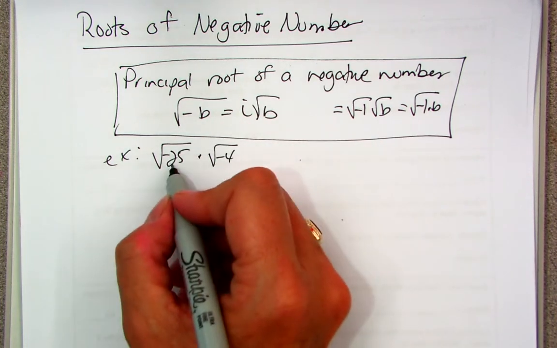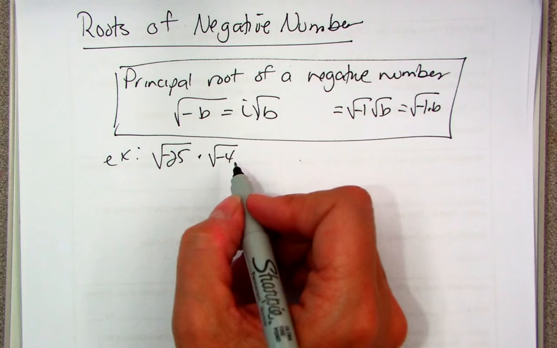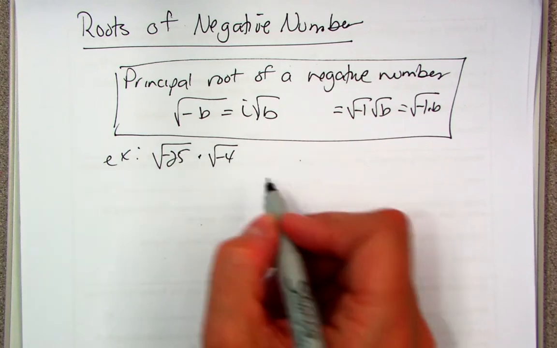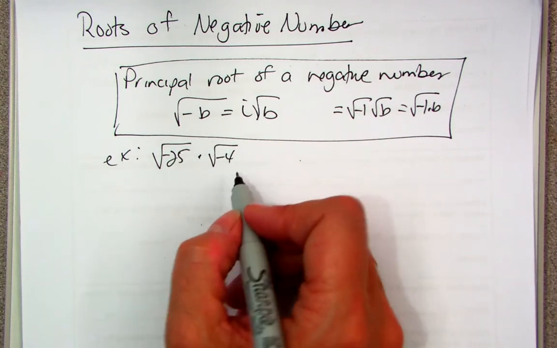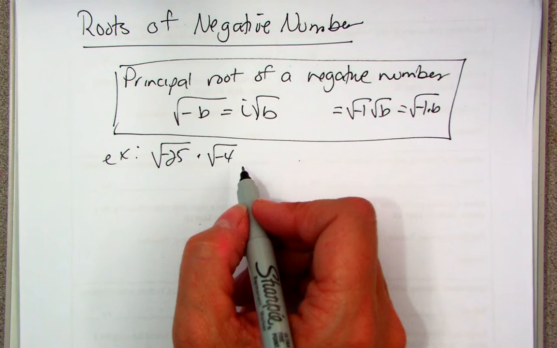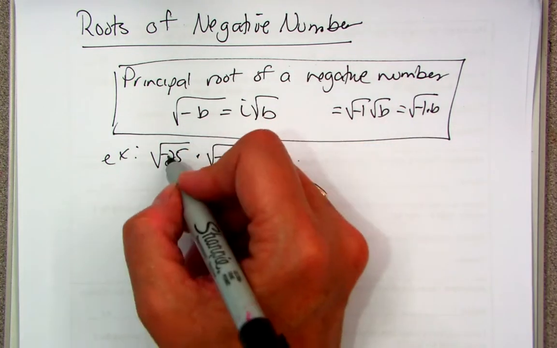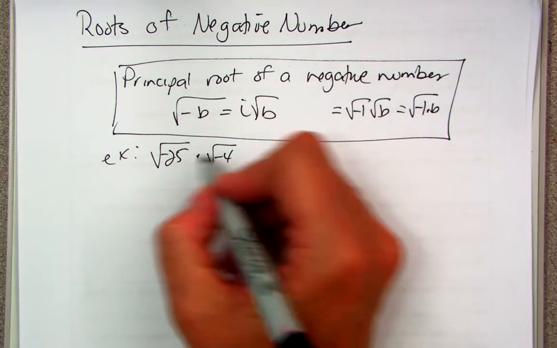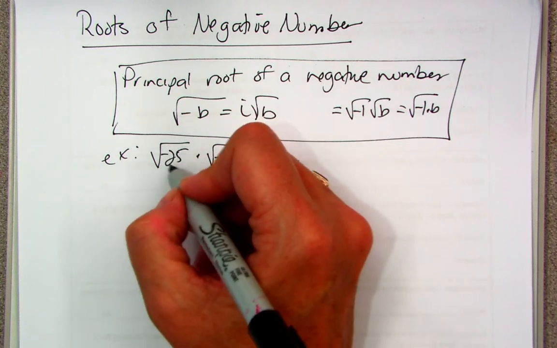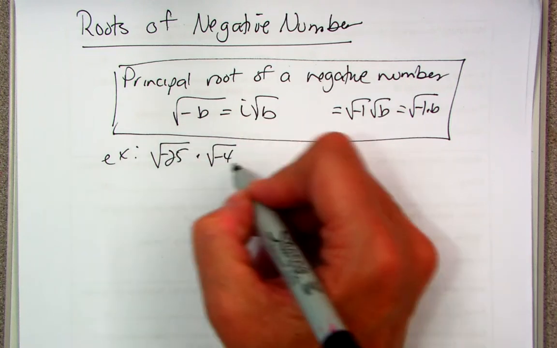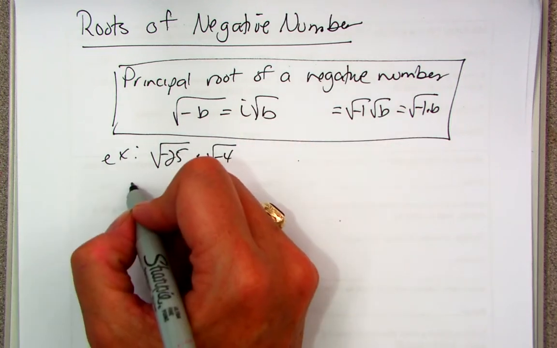The square root of -25 times the square root of -4. I may not do either one of those. Try putting that in a calculator. It'll tell you error. What I must do is use this property up here on each one of these so that I can. And the only way I can is if this is 0 or a positive number underneath. So here's what I'm going to do.